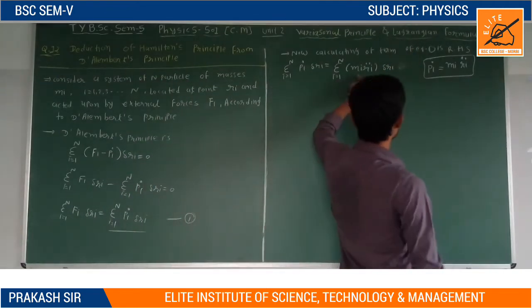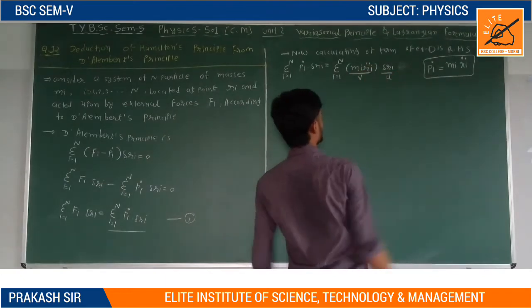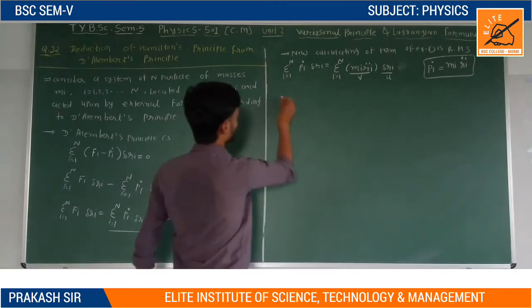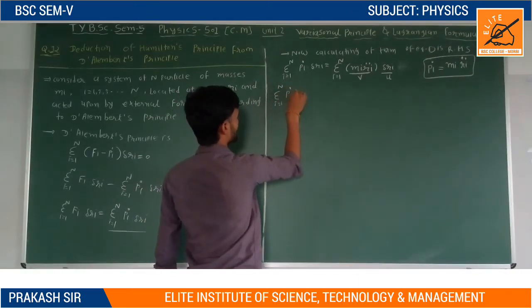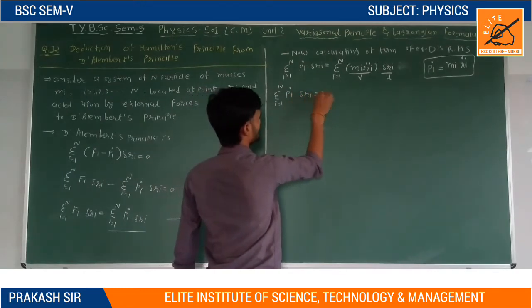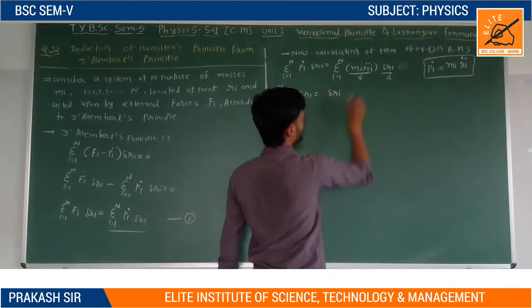Now this term is a summation of u and v, so we use integration by parts. Summation over 1 to n particles of pi dot into delta r, with u as delta r and v as the integration.